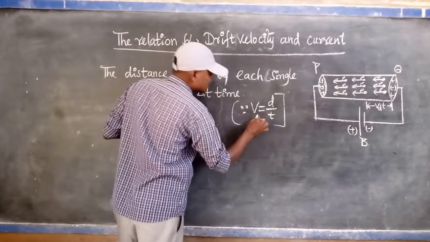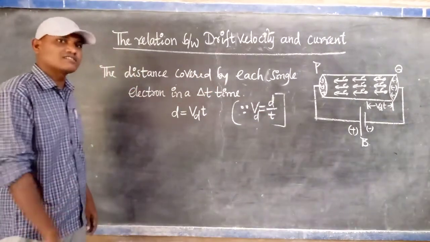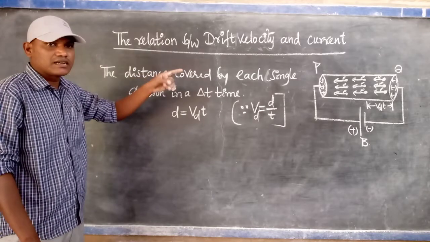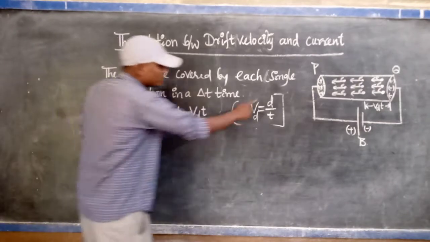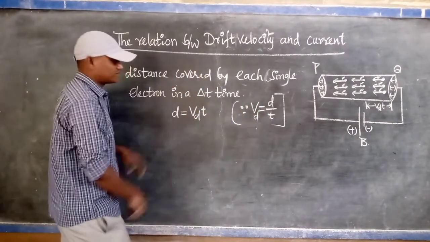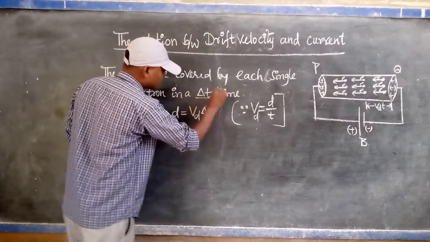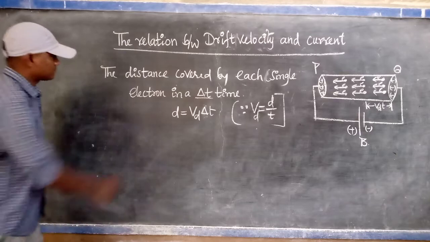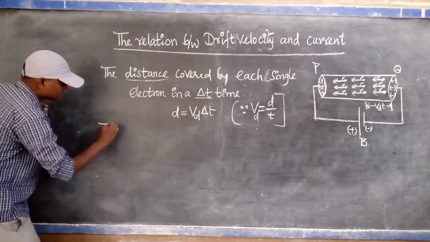So here which velocity is it? Drift velocity, because the initial velocity of the electrons is 0, but they drifted after connecting to the external source. Then from this one, t transfers to this side. V_d t is equal to d. Which t here? Delta t. We can say that because of which time? Delta t time. It is for a single electron. Next.